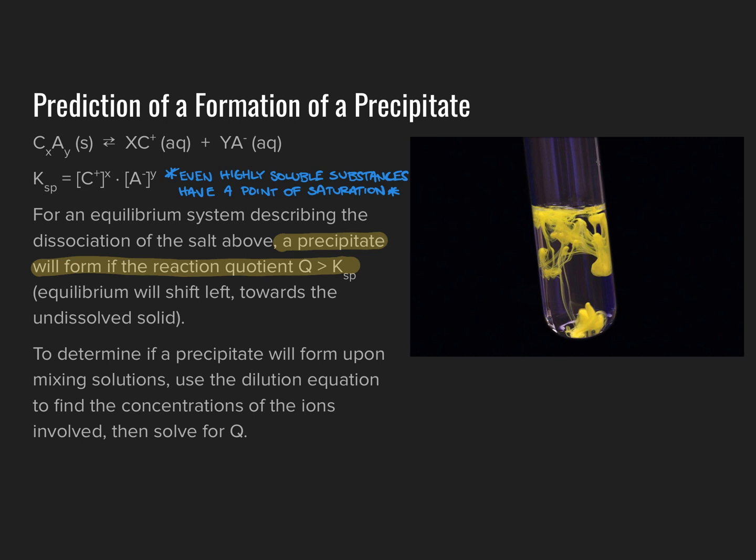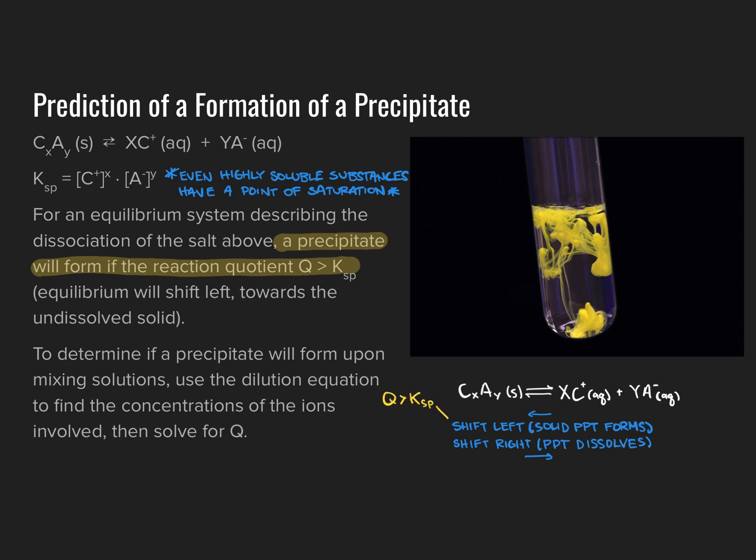And remember, in these dissociation equations, the left side of our equation is where we find the solute that is dissolving. So if Q is larger than K, we would shift left, leading to the formation of that precipitate.